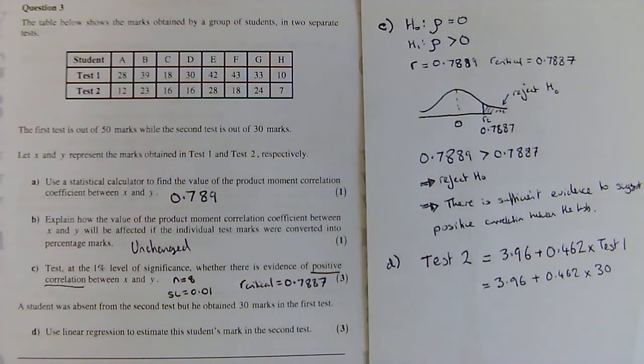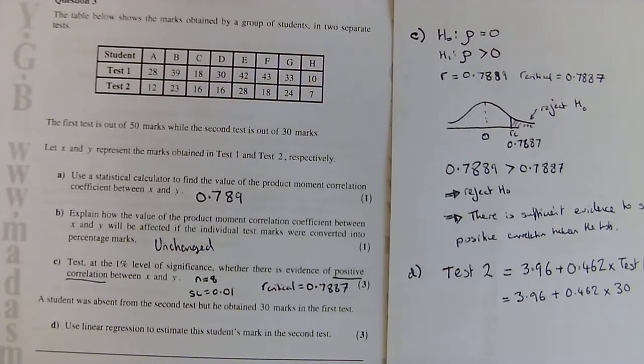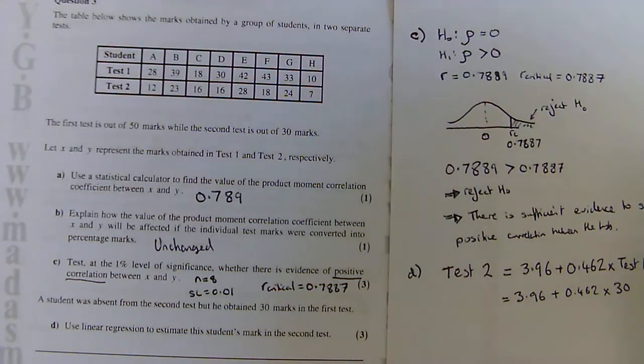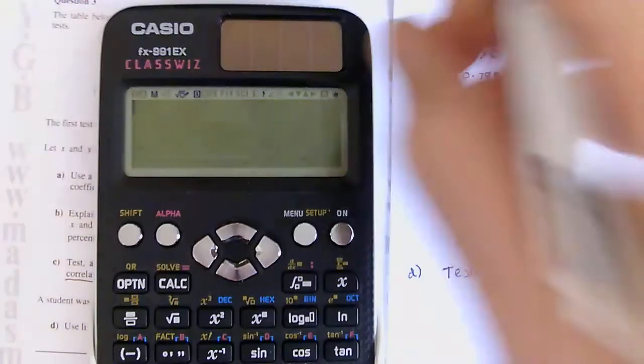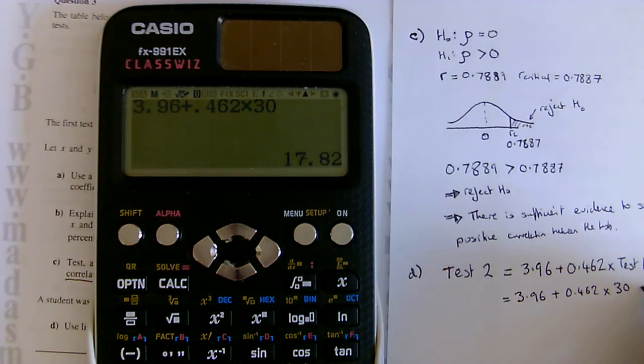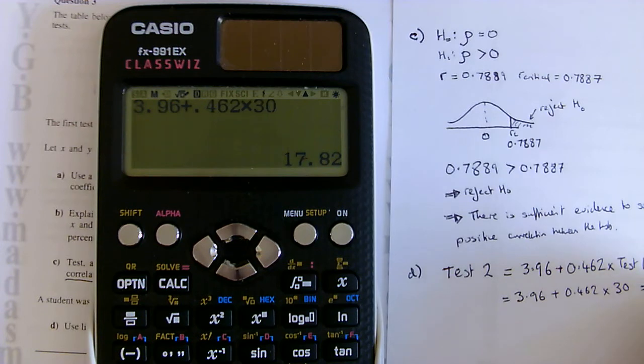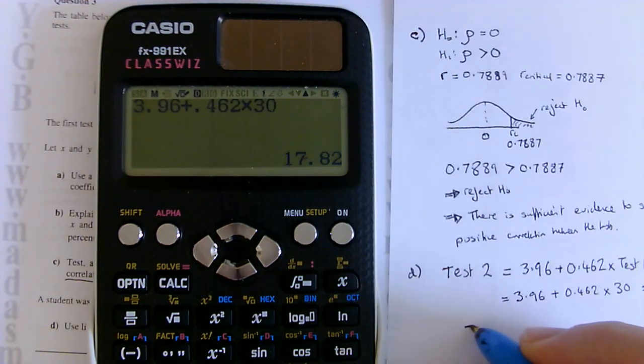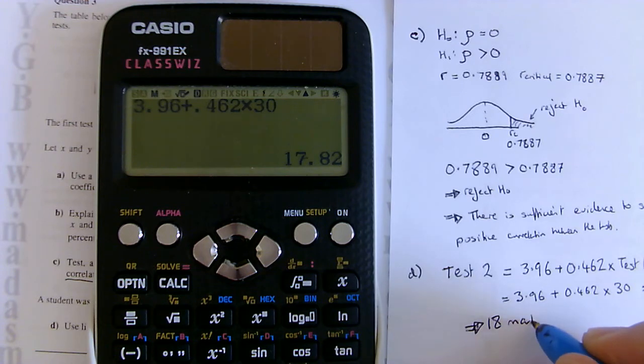Well, let's just substitute those in on our calculator. 3.96 plus 0.462 times 30 equals 17.82. So we're going to estimate as 18 marks, because that's a reasonable degree of accuracy.